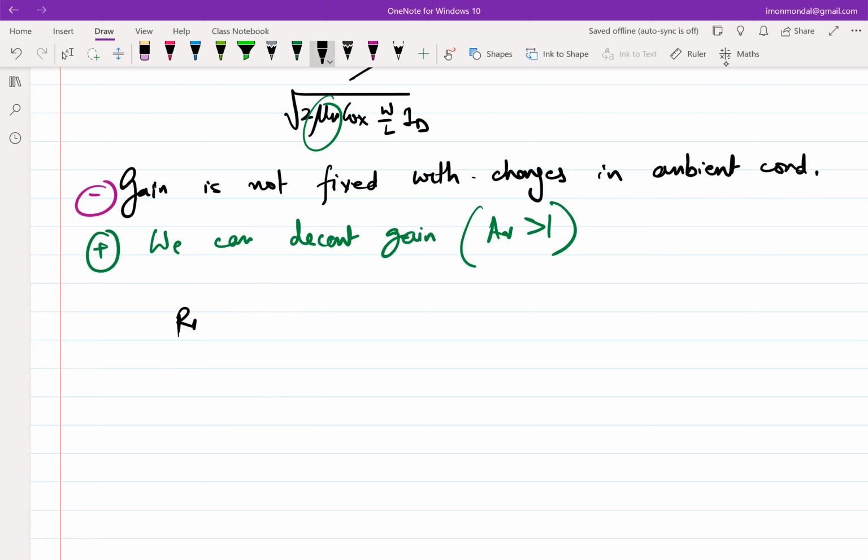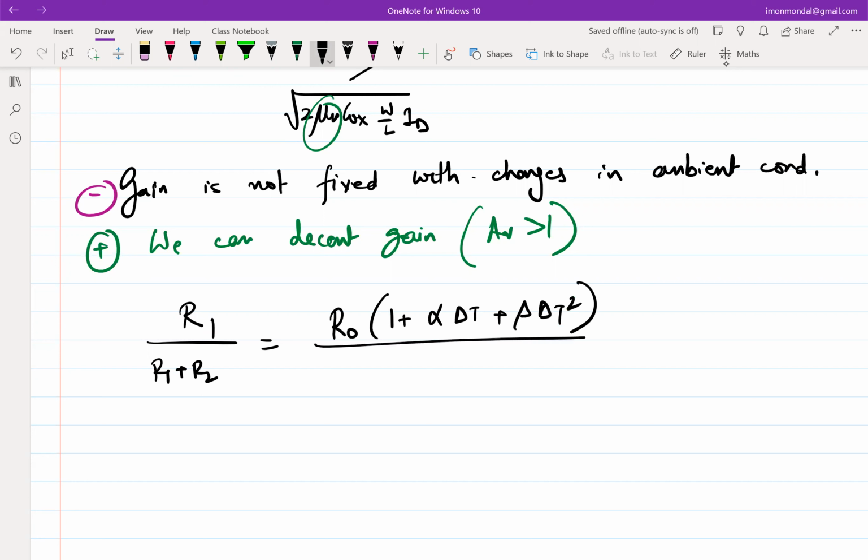So if R1 by R1 plus R2, let's say R1 is R01 plus some alpha delta T plus beta delta T squared, and R2 is similarly R02 plus alpha delta T plus beta delta T squared.